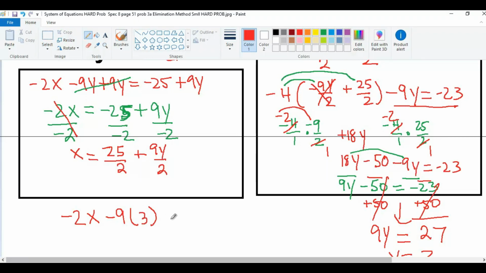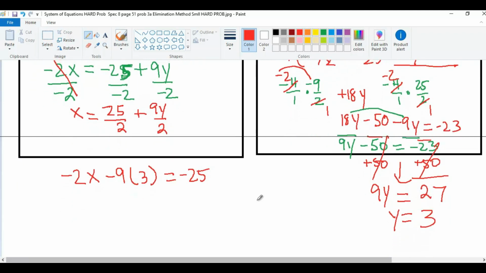And then equals negative 25. And this is going to tell us what x is. Okay, so negative 2x minus 27 equals negative 25.